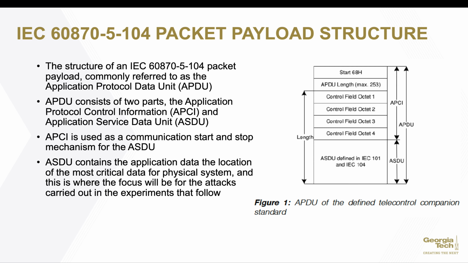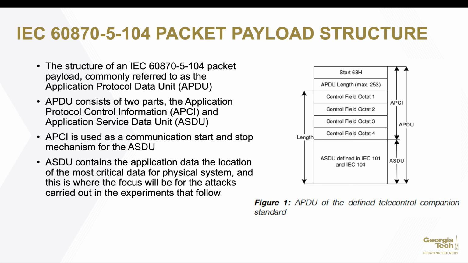Before discussing the experiments, it's first necessary to highlight the relevant features of the 104 protocol which are most significant to the work. Figure 1 shows the structure of a 104 packet payload, which is referred to as the Application Protocol Data Unit, APDU.